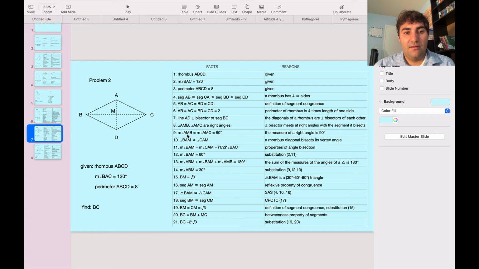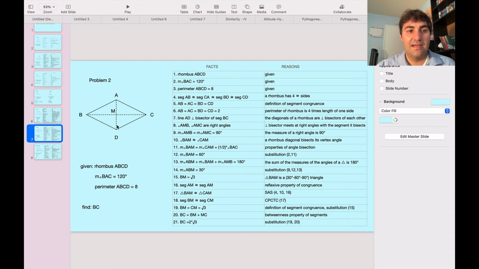So the measure of angle AMB equals the measure of angle AMC equals 90 degrees. Okay, we know this property of a rhombus, that a rhombus diagonal bisects its vertex angle. So in other words, we're going to get angle BAM is congruent to angle CAM, right?